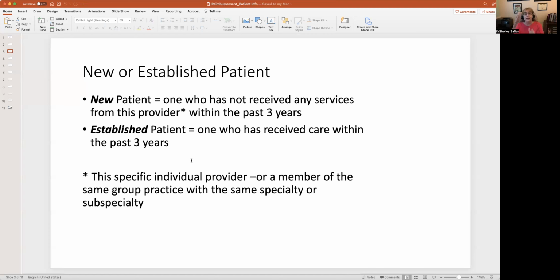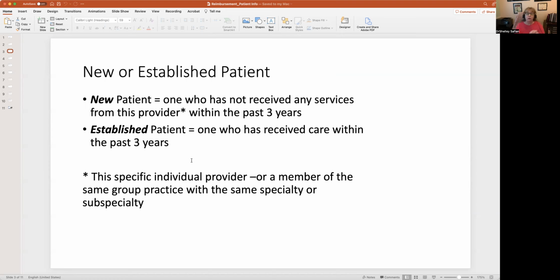And the line is 3 years. If somebody has not been seen by this physician, asterisk, within the last 3 years, they are considered a new patient. If they have, then they're considered an established patient.